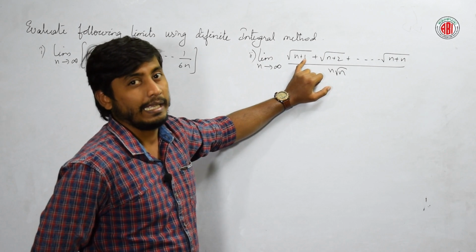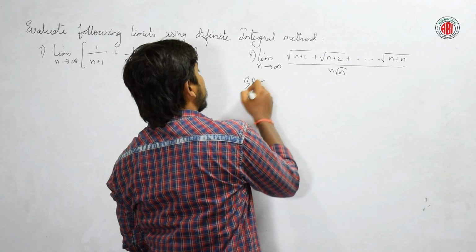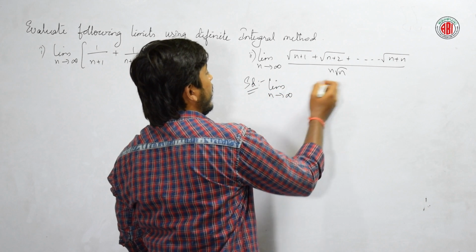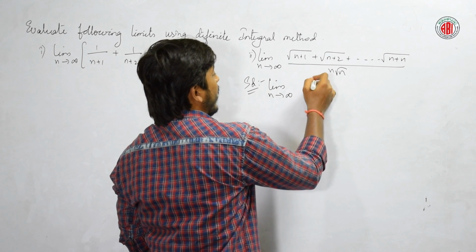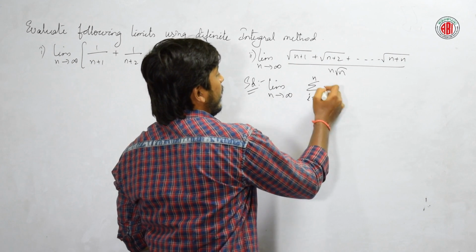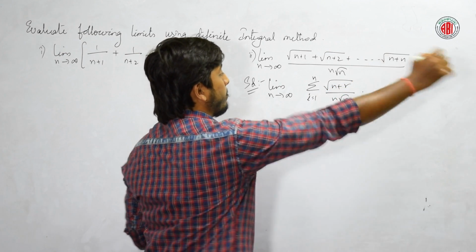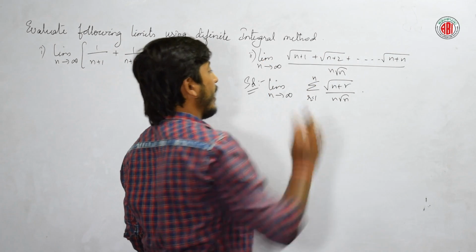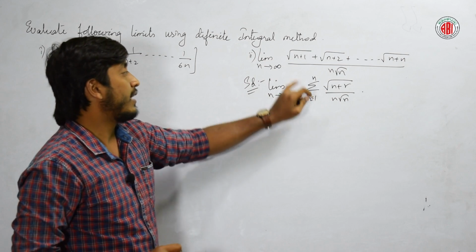So, can I write this as limit n tends to infinity, summation r is equal to 1 to n, root n plus r by n root n, right? Yes or no? Clear?